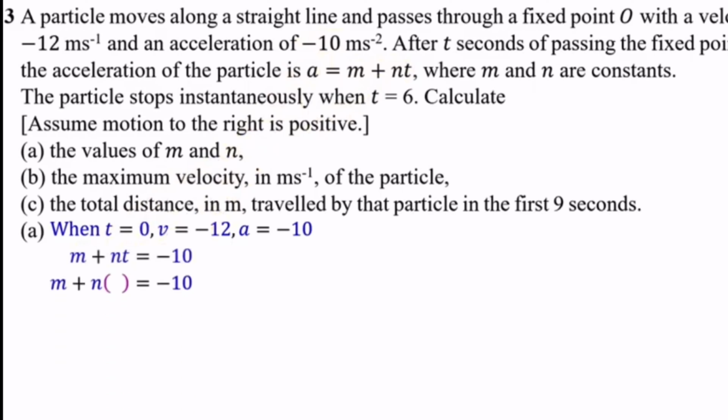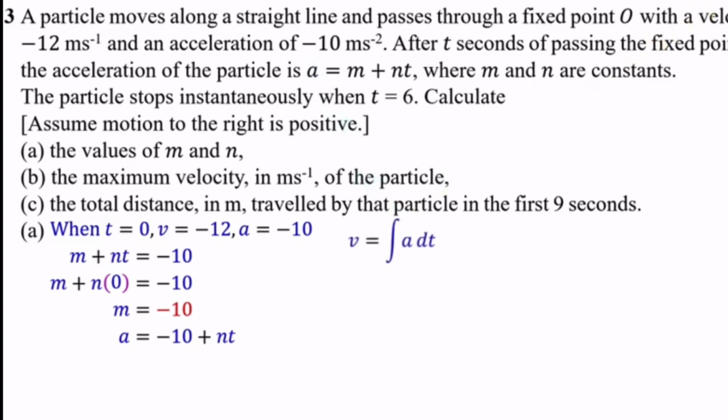So we will substitute into m plus nt equal to negative 10. So we get m is negative 10. Based on m equal to negative 10, we will substitute into a. a is negative 10 plus nt.